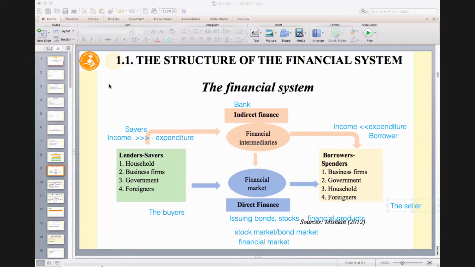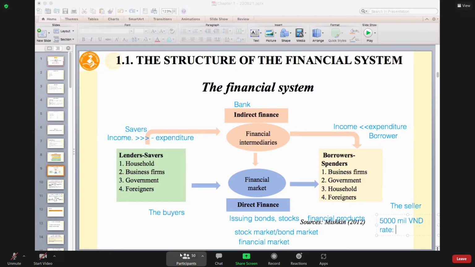Another difference: I suppose that the seller, the business firm here, will issue a bond with the volume of 5,000 million, with an interest rate on the bond of 8%, right?